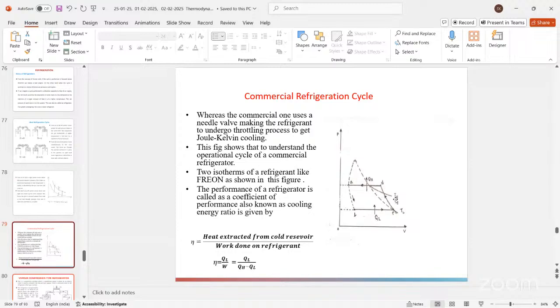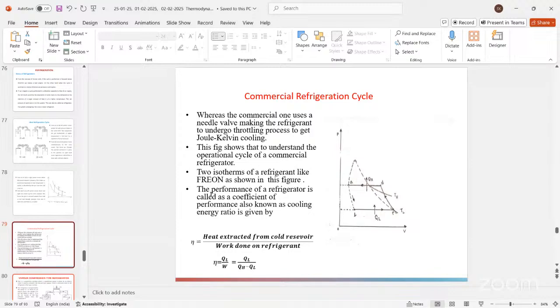Okay, so any refrigerator has to extract as much heat as possible from the reservoir with as little work as possible.